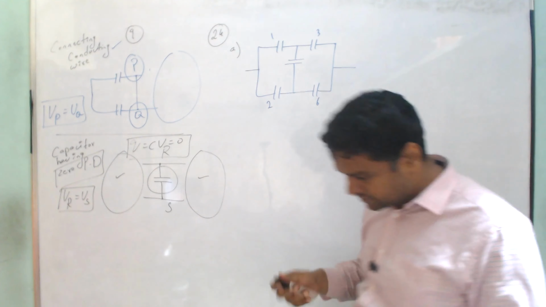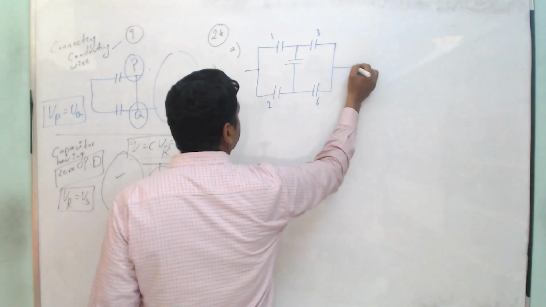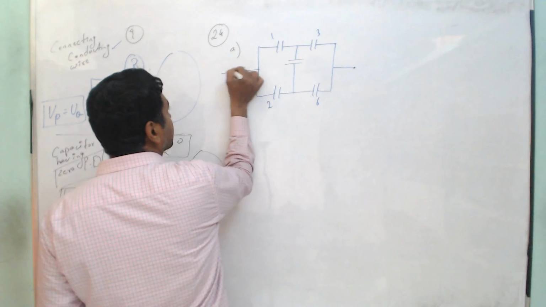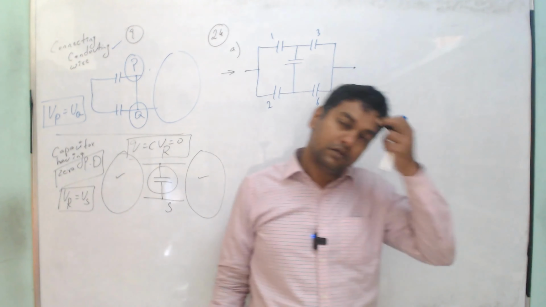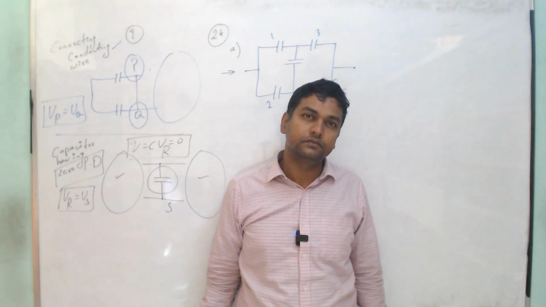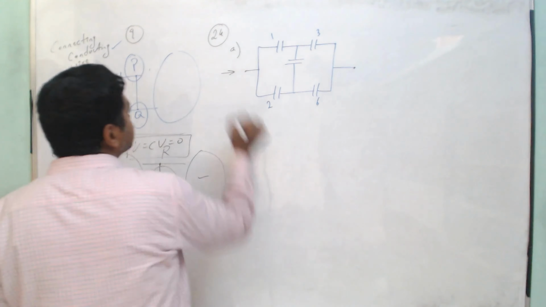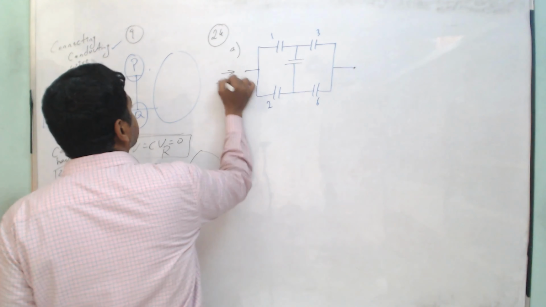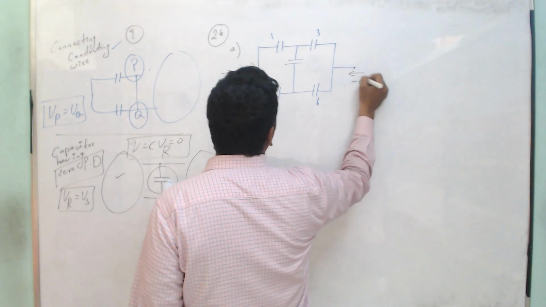Why will it matter? Because we said, what is terminal meaning? Terminal meaning means if plus Q charge is going from the left hand side, minus Q charge is coming from the right hand side.